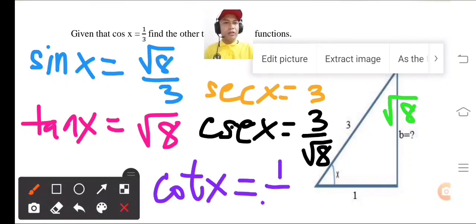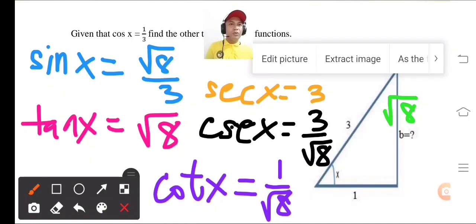This 3 over square root of 8 and 1 over square root of 8 can still be rationalized, or simplified. So 3 over square root of 8 is 3 square root of 8 over 8, or 3 square root of 2 over 4.